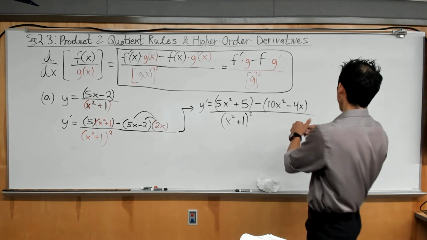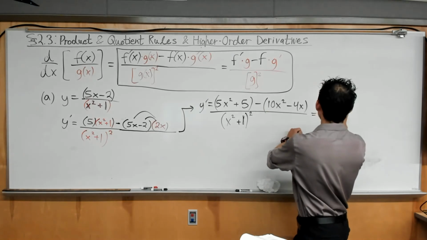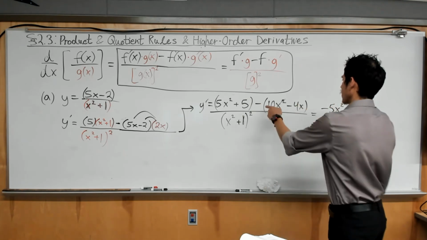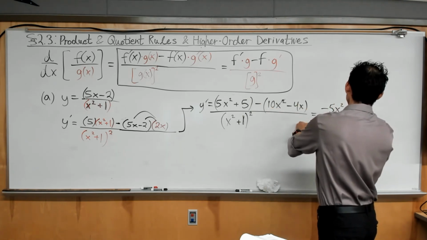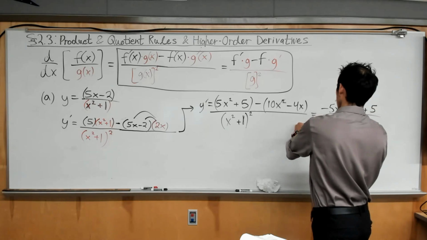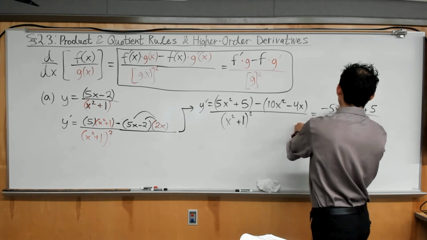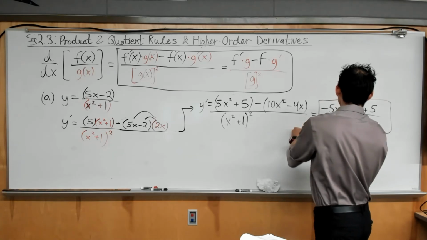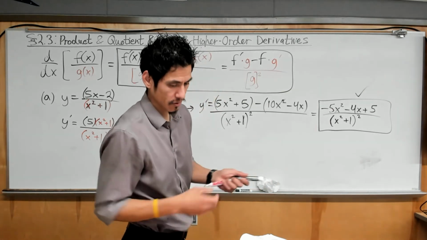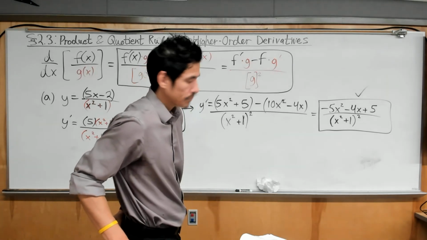And now we just do the algebra. 5x squared minus 10x squared minus 5x squared, and 5 minus 4x, so minus 4x plus 5, all over x squared plus 1, squared. Here we go. That's our quotient rule example. Wasn't that fun? Not really.